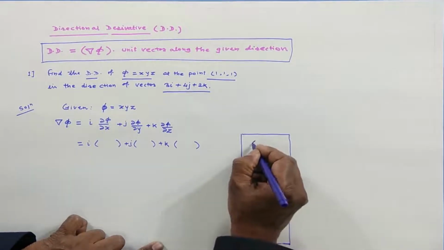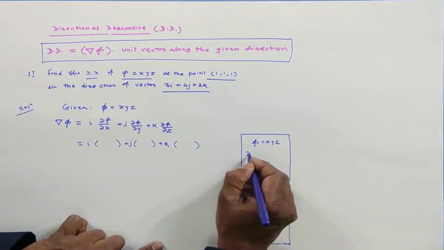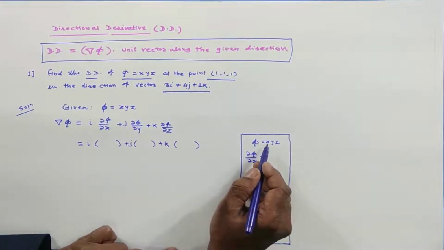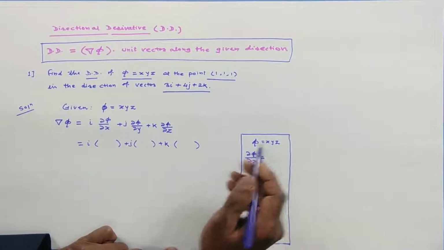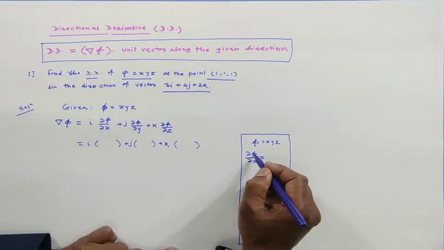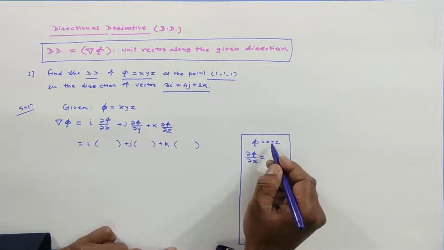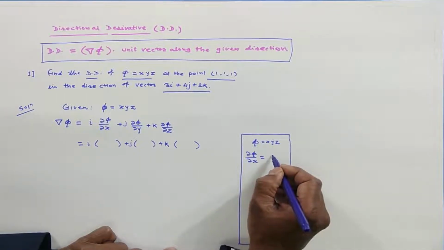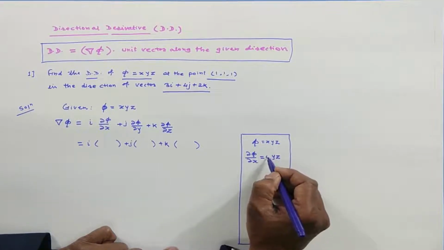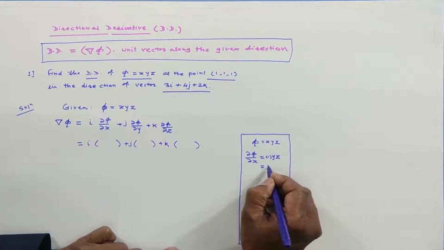See, phi is xyz. Del phi by del x is the derivative of phi with respect to x, keeping y and z constant, meaning keeping the other variables constant. That is what is called the partial derivative. Here y is constant, z is a multiplicative constant, and the derivative of x is 1. So del phi by del x is yz.